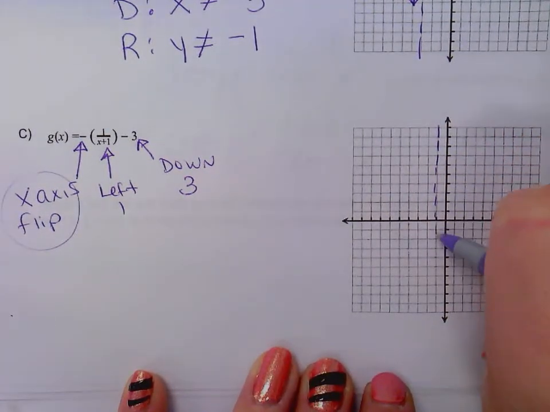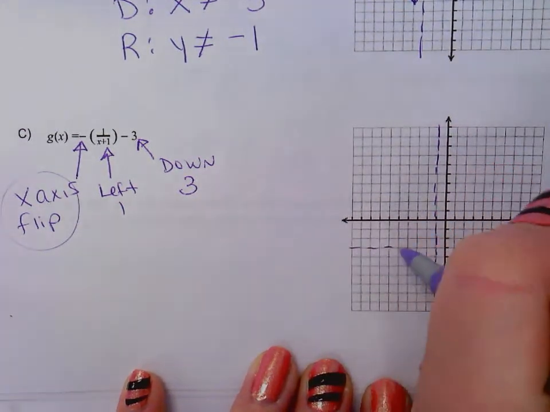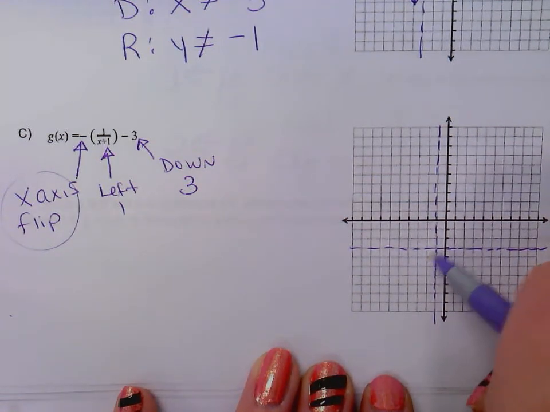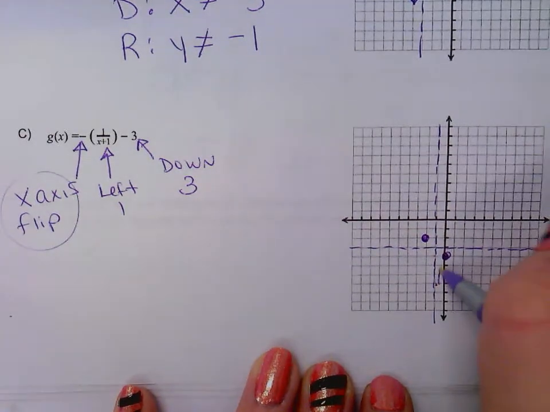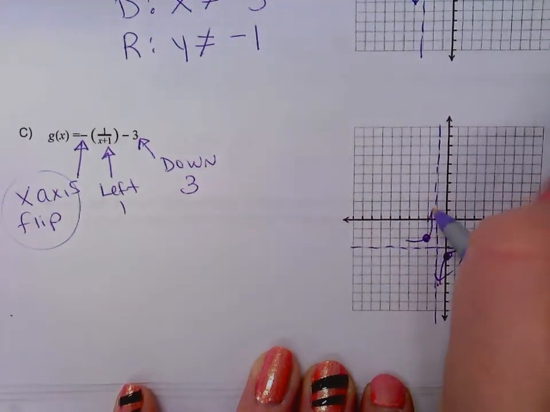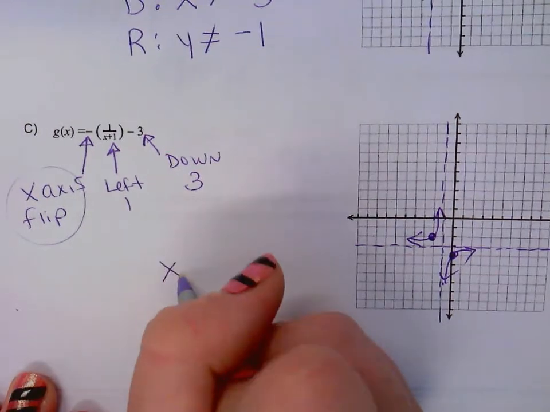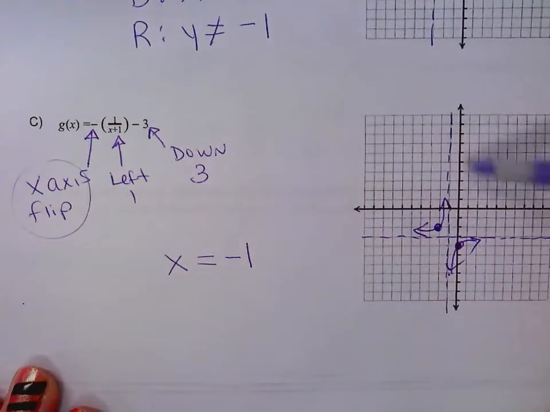So here's left 1, and here's down 1, 2, 3. And then instead of using these two, I'm going to use these 2 points as my flip to make my elbows. So we've got x equals -1 as my vertical asymptote.